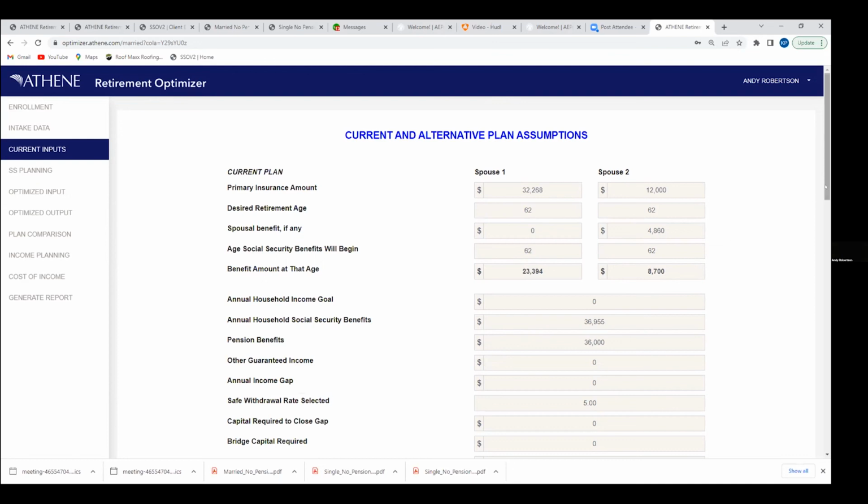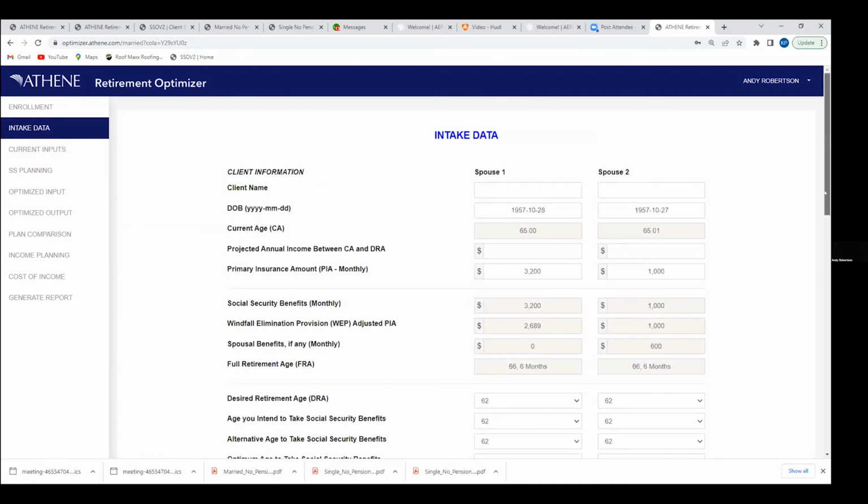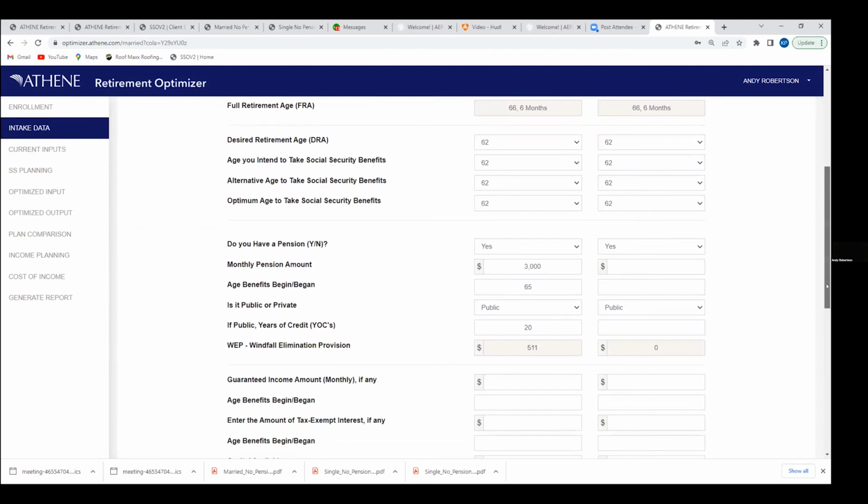Okay, and that number you have in there for pension benefits, was that an input? Because that's very low. $3,000 a month. Oh, it's monthly. Gotcha. Even if you put 7,000 in there, it's not going to change anything.